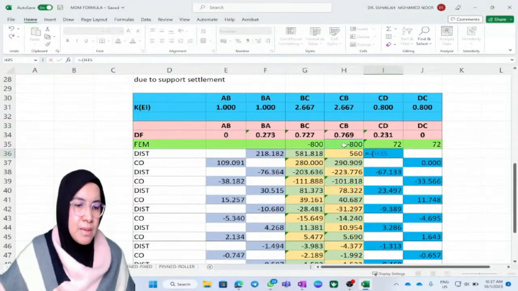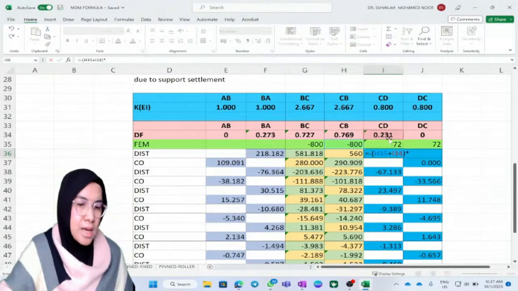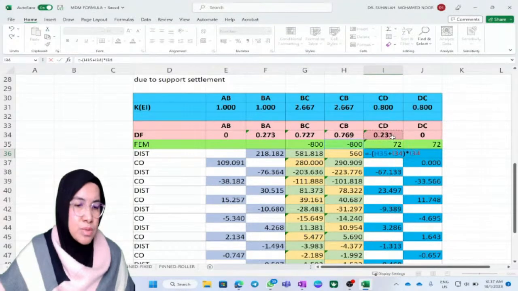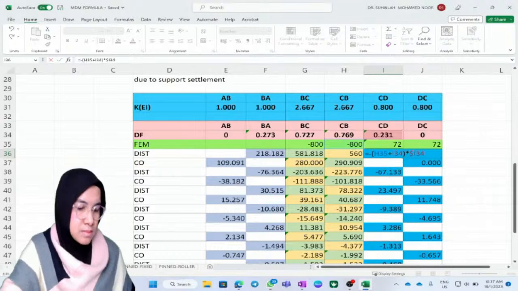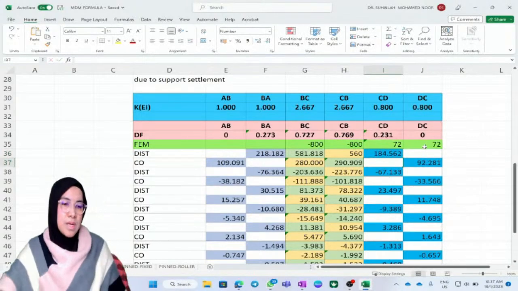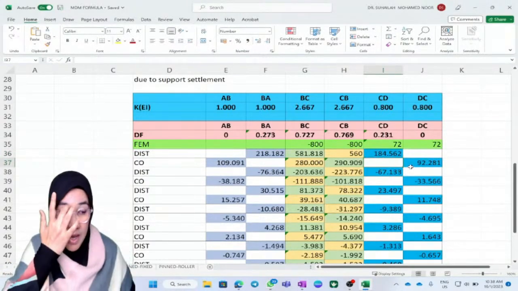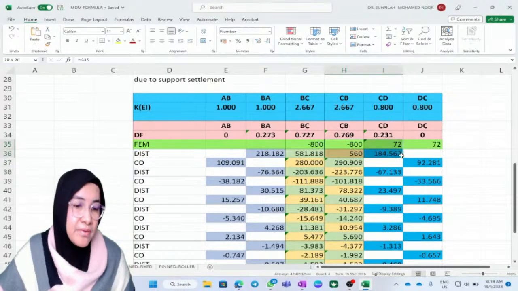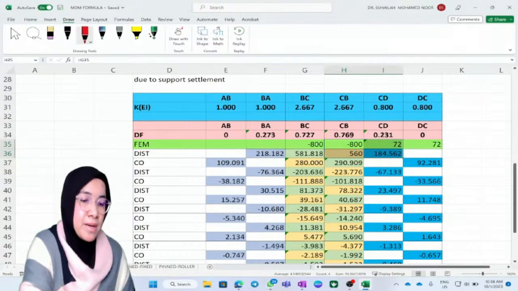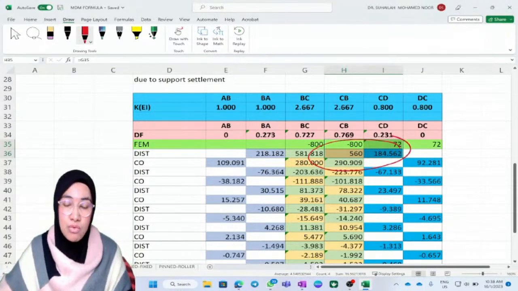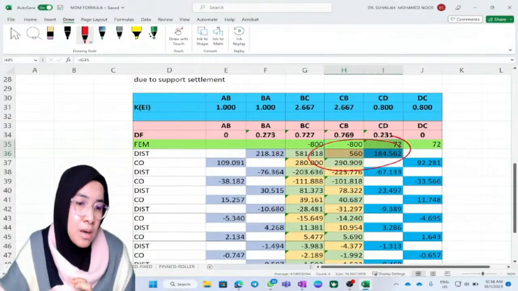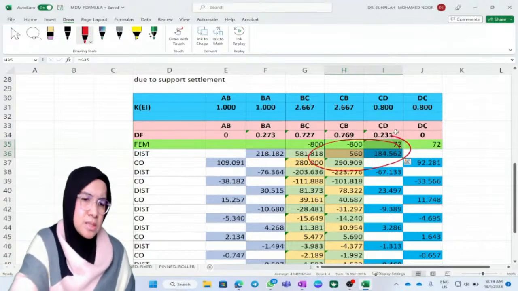Total moment CB plus CD times factor 0.231. So we have to check negative 872, 560, and 118. Is it the right answer? Please check back.